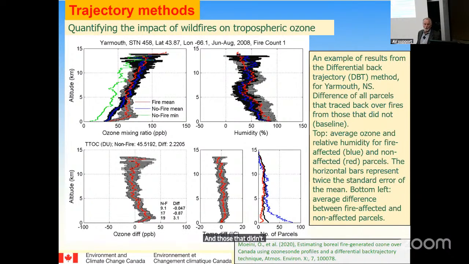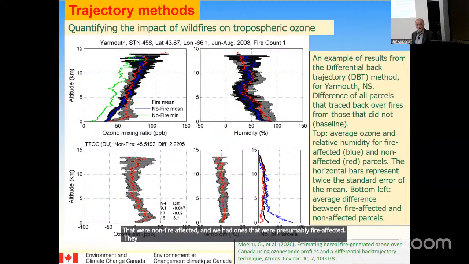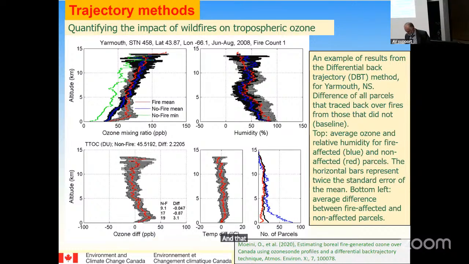So we had a bunch of background parcels at each height that were non-fire affected, and we had ones that were presumably fire affected. They apparently had passed at least close to a fire spot. And that worked extremely well. We have a nice paper on that. And there's more work to do on that if anybody's interested.